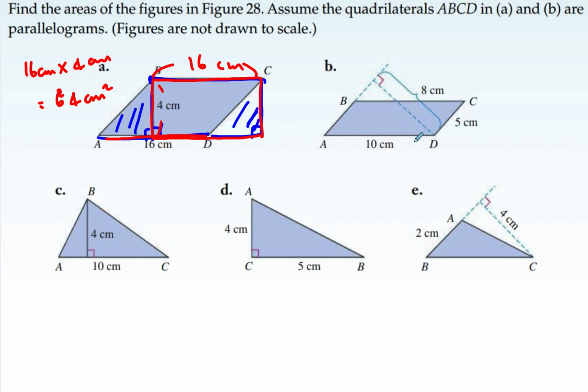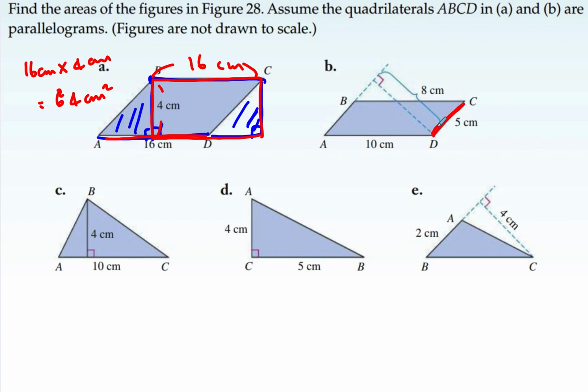How about this one? This is shown a little bit differently. So in this case, we are given a base of 5 here. Instead of cutting it this way, you can cut this way too.